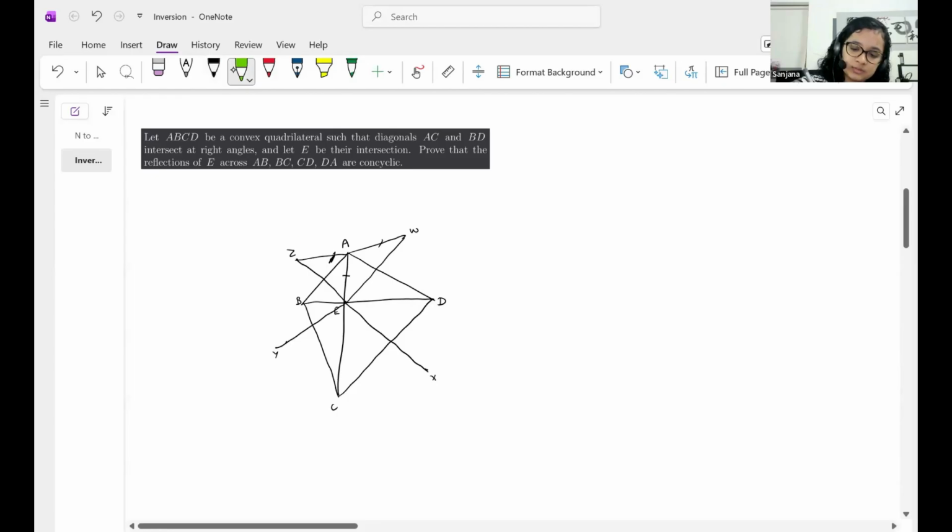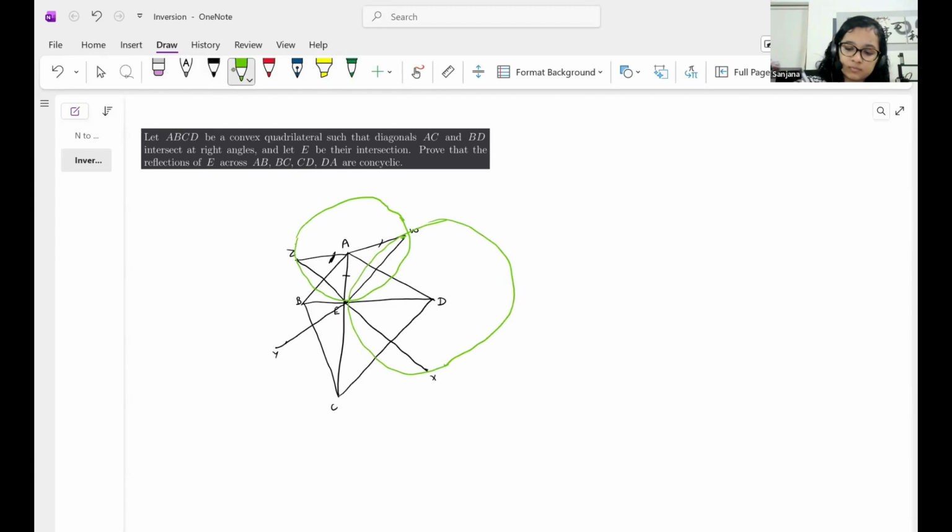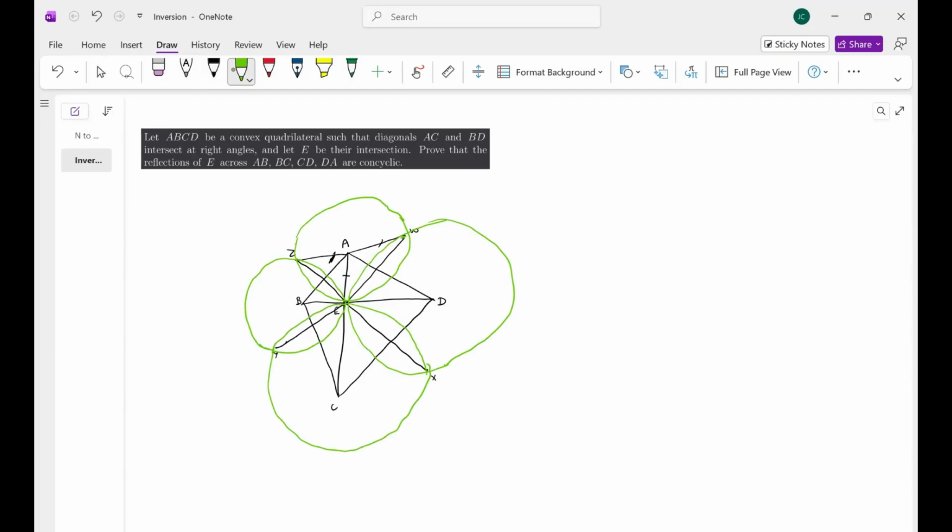So each of these is a circle with centers at A, B, C, and D respectively, and you get the equal lengths from the reflections.